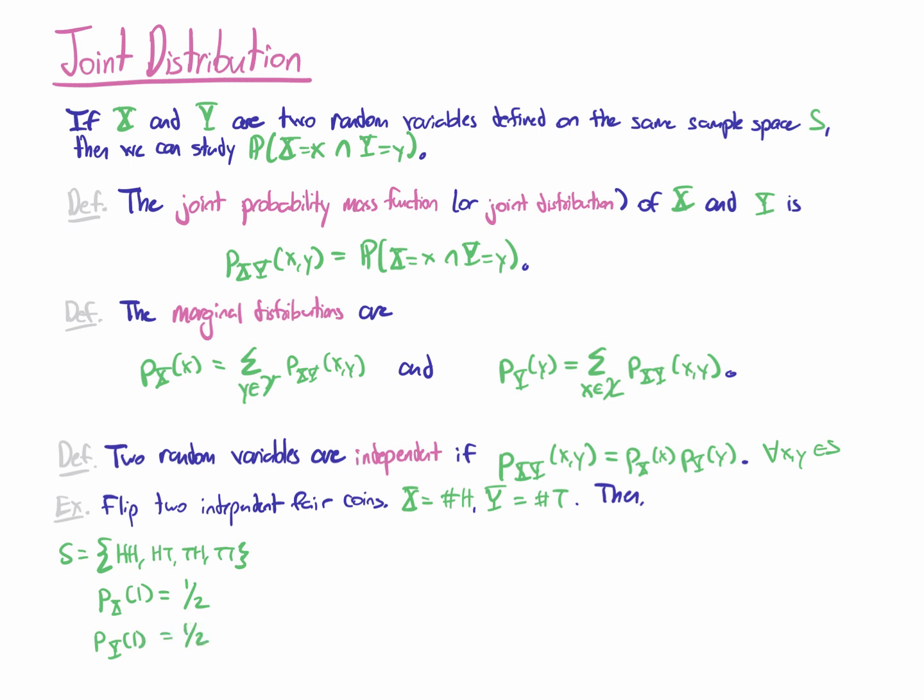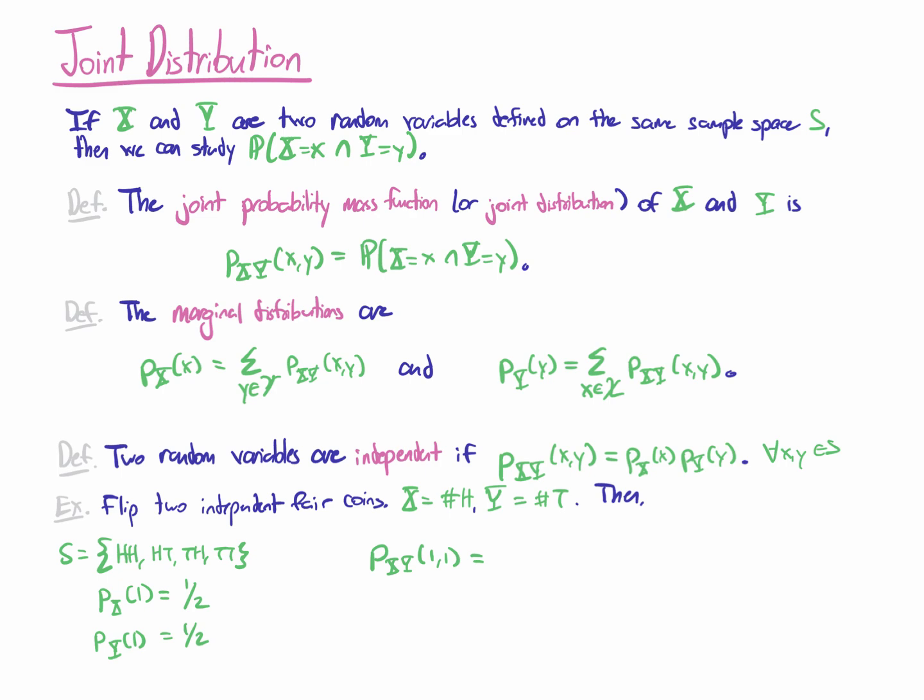So now let's take a look at a few examples with the marginal and joint distributions here. First of all, let's check the joint distribution, the joint PMF evaluated on 1 and 1.